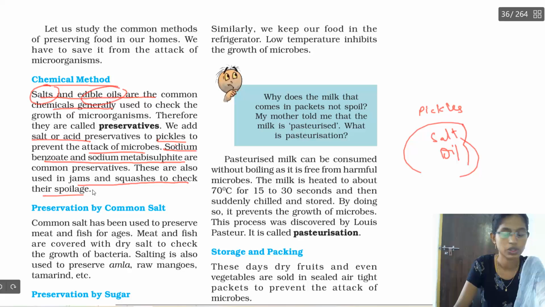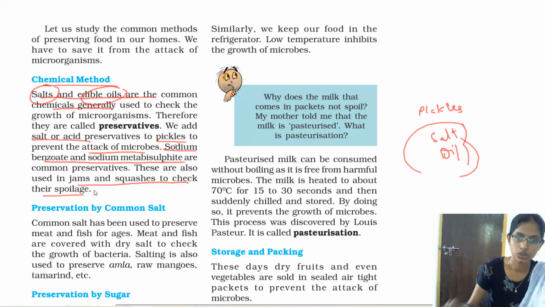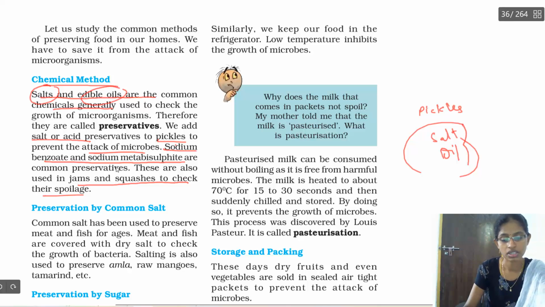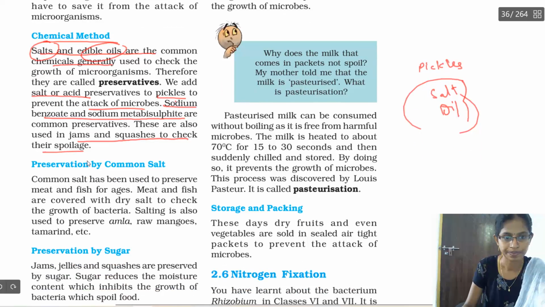If you see squashes in the market, they are stored for many days, and jam bottles also are not spoiled even when kept for many days, because they use some preservatives. If you check the bottle ingredients, you are going to see such a caption there, okay?